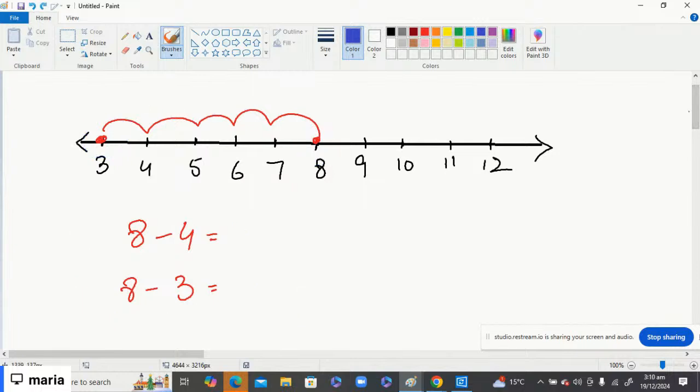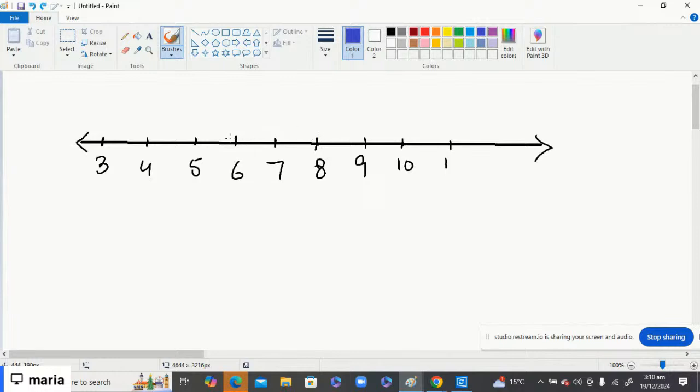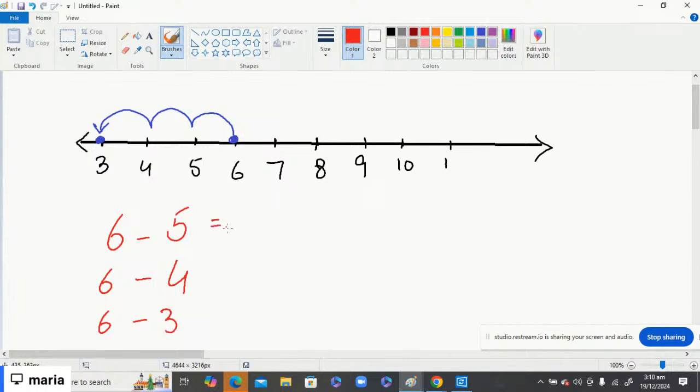If I'm going to write, for example, starting from this point and then moving here, what's the answer for that? It's 6 minus 5, 6 minus 4, or 6 minus 3. Which option is right here?